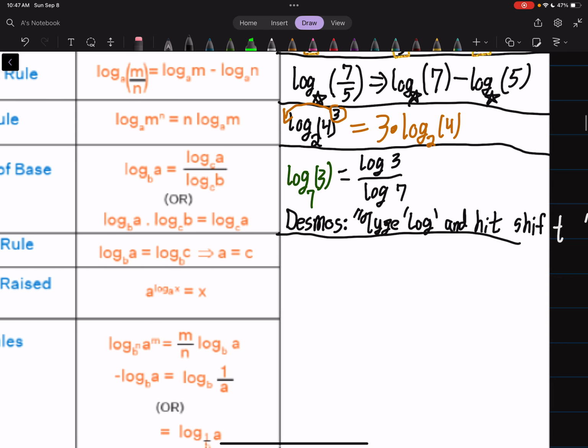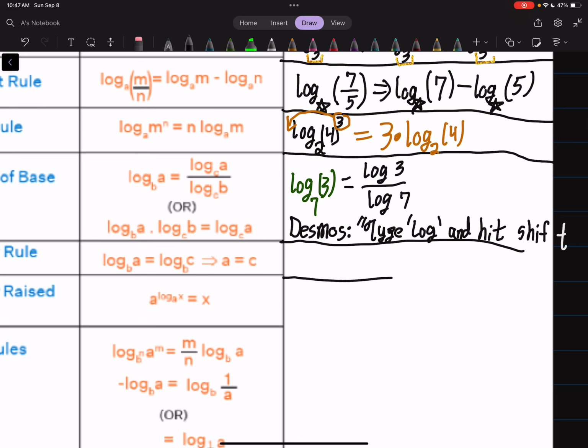All right, equality rule. If I have log base 80 of x is equal to log base 80 of 21, since I have log base 80 equal to each other, your log base 80s cancel.